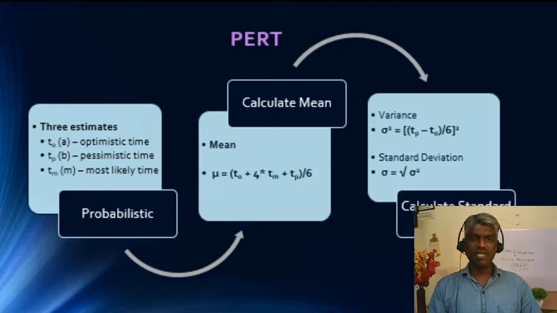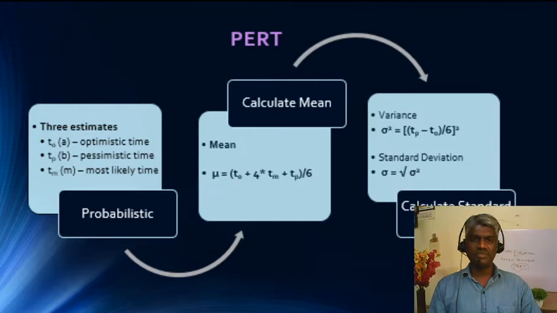Optimistic time is the minimum time of completion of an activity without any problems, without any interruptions to the activity. It is like an ideal situation where the activity is going on as per plans. The second one is the pessimistic time. It is the maximum time of completion of an activity wherein all unplanned interruptions happen.